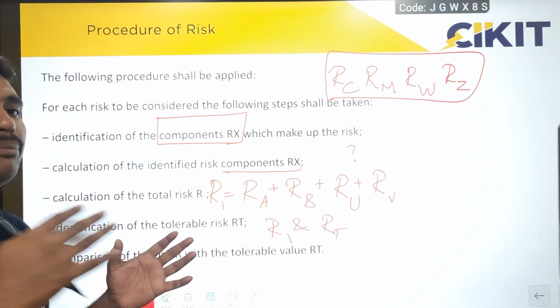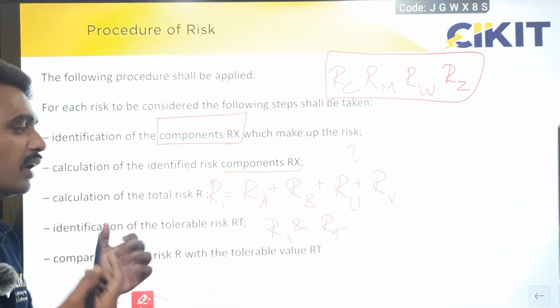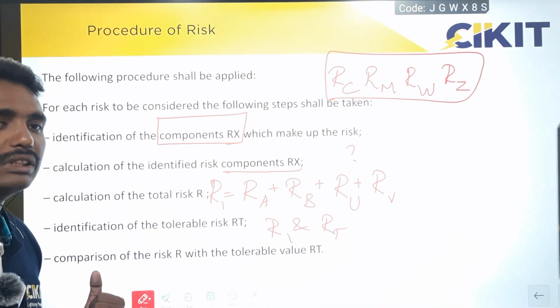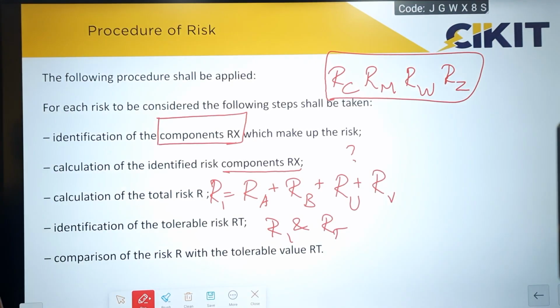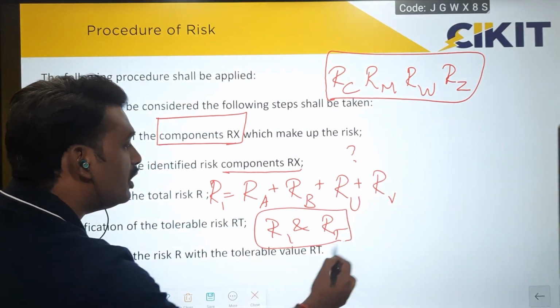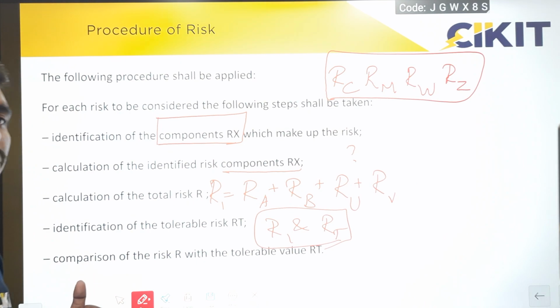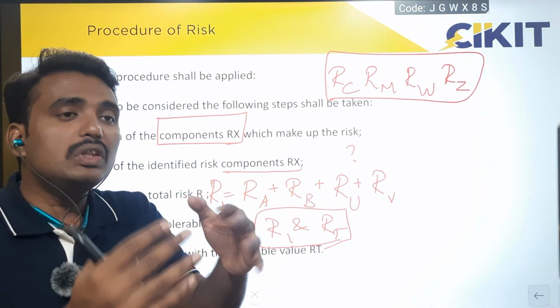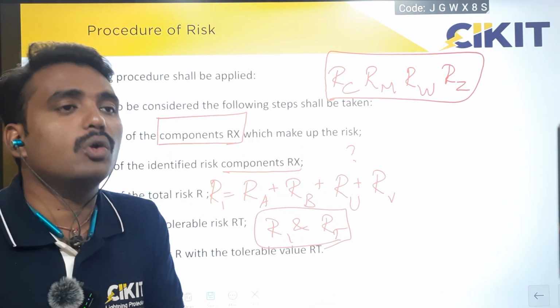If you take some site as an example, and the value of R1 is less than RT even without protection measures, like even without installing a lightning protection system, then there is no need for an additional protection system. This means that the risk due to lightning on that particular building without a lightning protection system is much lower.